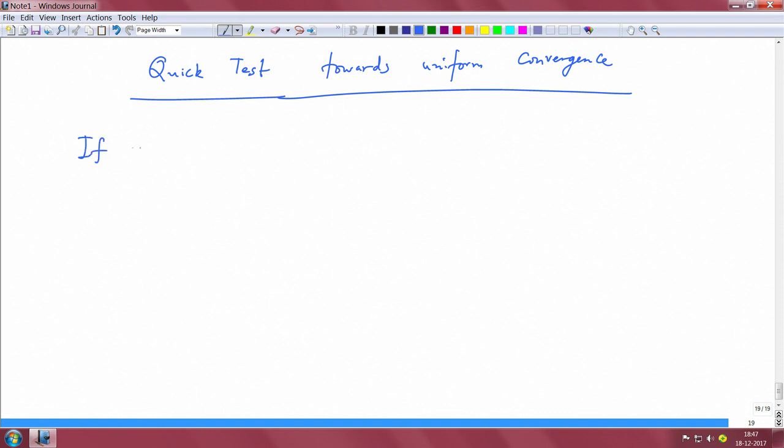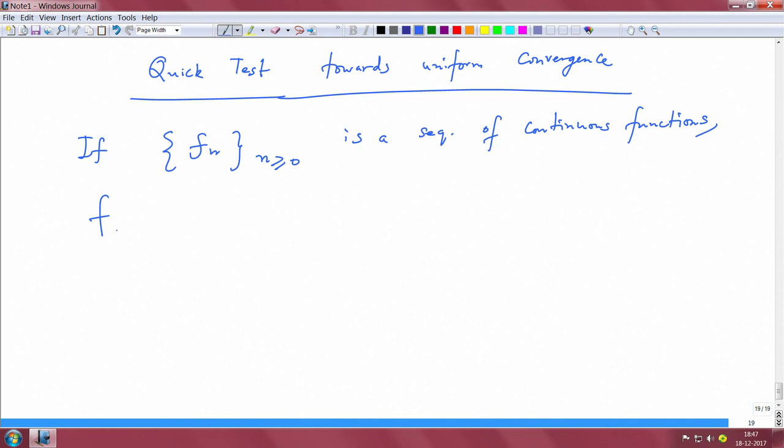So if a sequence of functions fn are continuous, and fn converges pointwise to f of x.